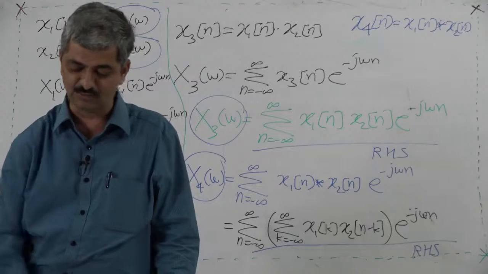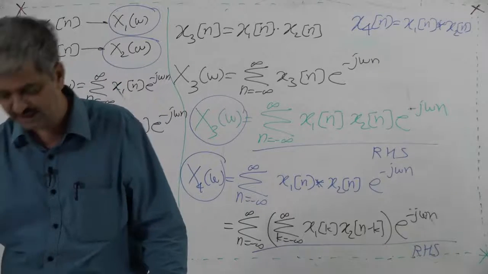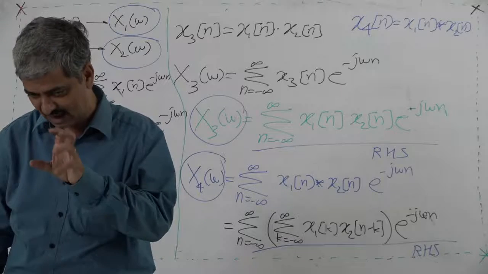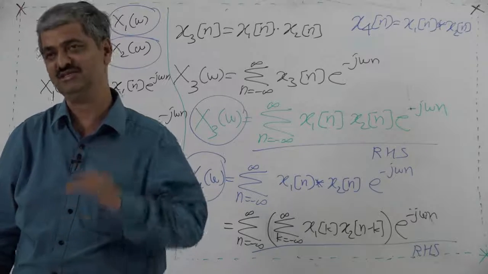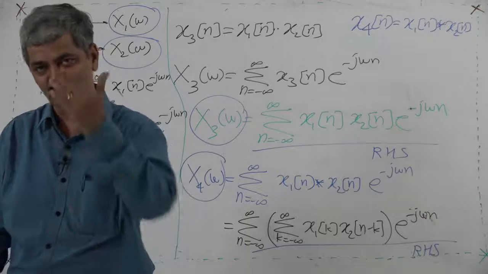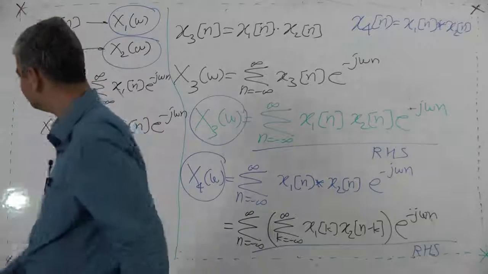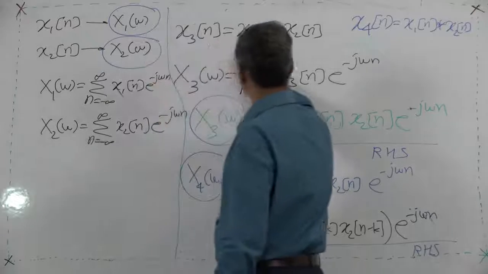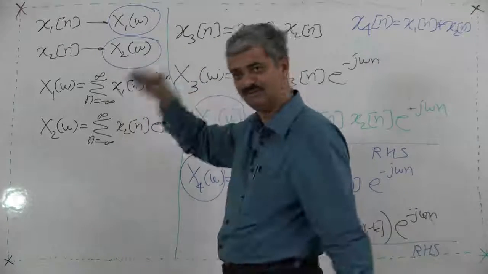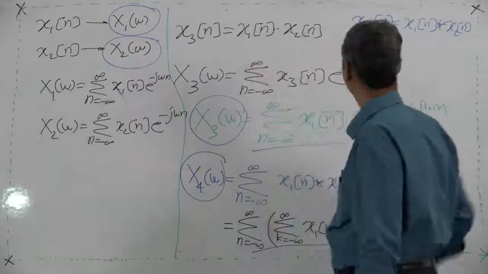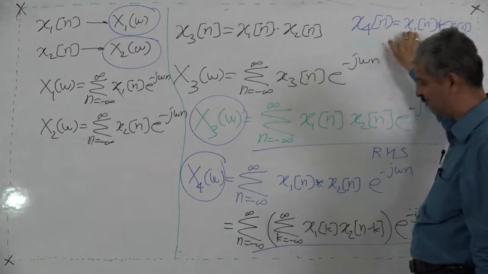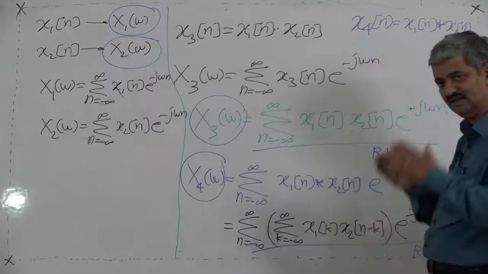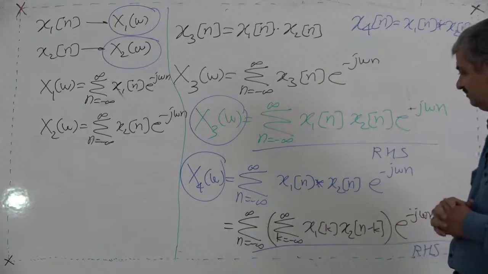Then I perform two different operations which are very similar in some aspects to each other. One operation is multiplying in the sample domain, sample to sample multiplication. So x3[n] is equal to x1[n] into x2[n], sample to sample multiplication is one operation, and convolution is the second operation. Convolution is a very complex operation which we have discussed many times in the first semester as well as in the pre-midsem part of the second semester.